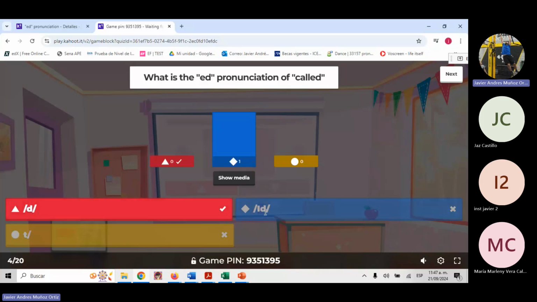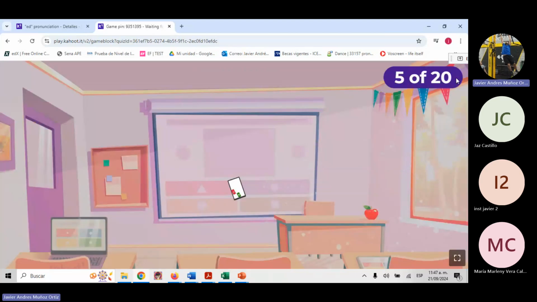Recuerde que solo utilizamos id cuando nuestro verbo termina en sonido de D de dedo o nuestro verbo termina en sonido de T de tomate, ¿cierto? Como hate, hated, ¿listo? En este caso, call no tiene terminación en sonido de D de dedo, ¿cierto? Por eso genera vibración nada más. Por eso decimos called. Call presente, called pasado. Vamos con la siguiente.